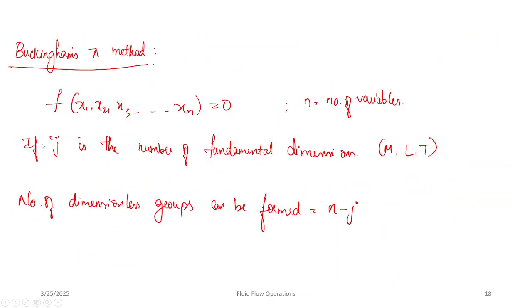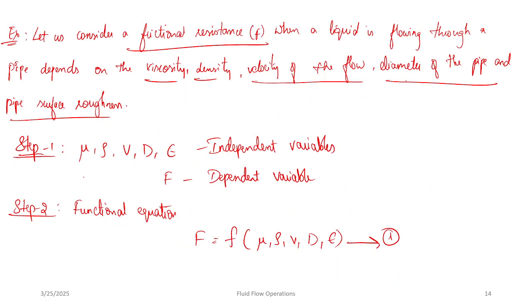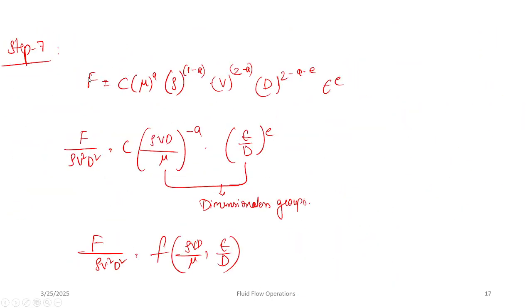Okay, so we'll try to solve the problem. Then it will be a bit clearer. So let's take the same example that we have solved just now using the Rayleigh method, and try to use the Buckingham pi method. So what is step one?